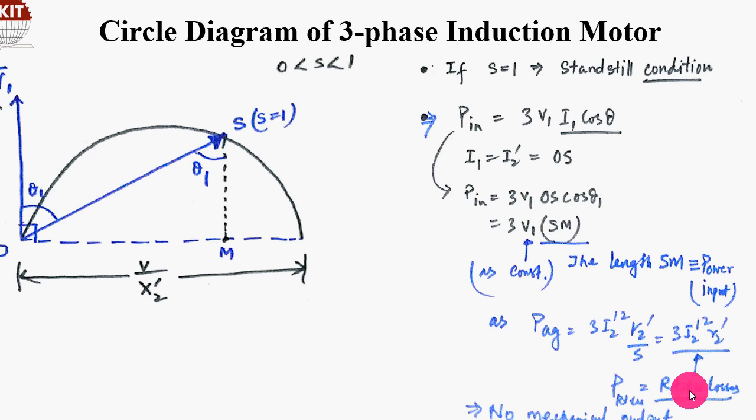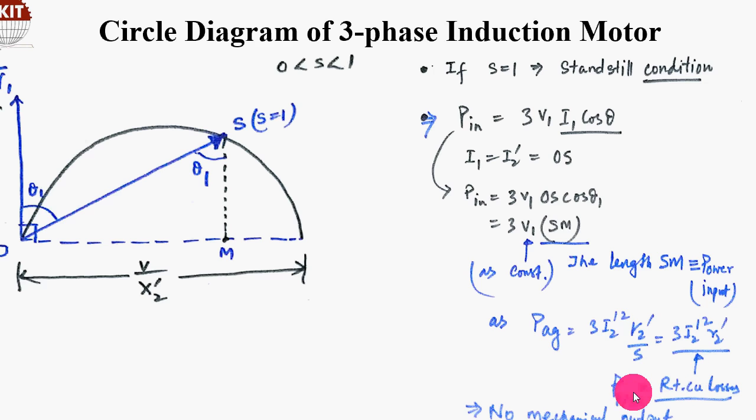So what conclusion are we getting from here? At standstill condition, when this current phasor makes an angle of theta 1 from the voltage phasor, the rotor copper losses will be equal to the air gap power.